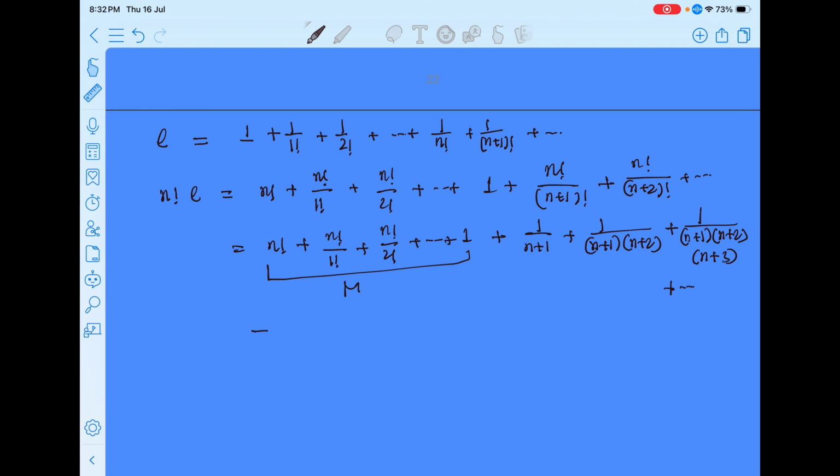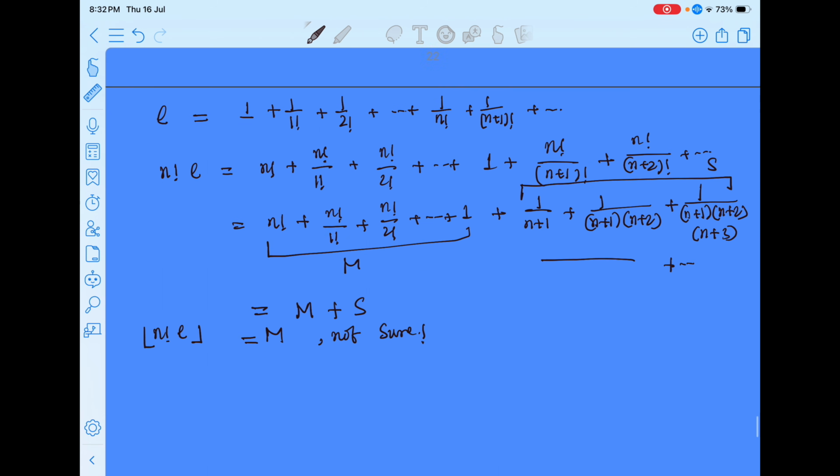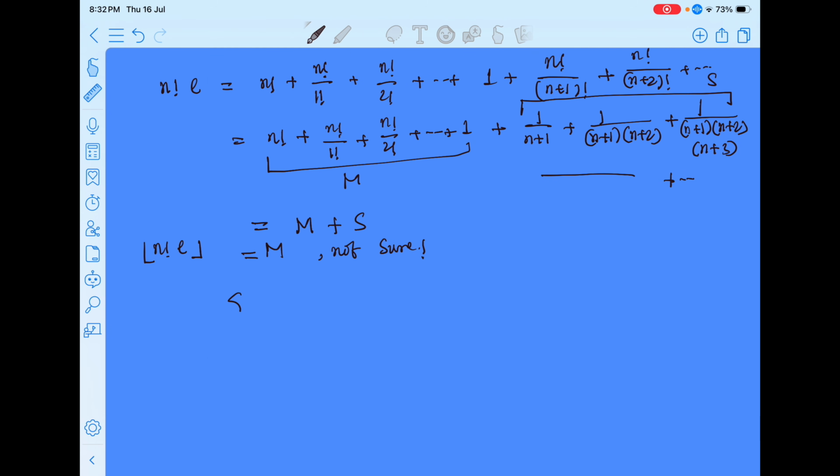Let us define this as m, and the rest as s. Then m plus s. We are not sure that the greatest integer of n factorial times E is m, because this s can contribute some integer part. So let us study s now.